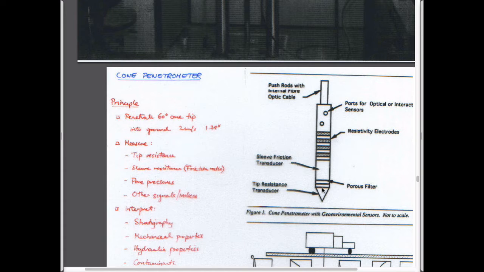It's 10 square centimeters in cross-sectional area, so about 1.5 inches in diameter. You push it into the ground at 2 centimeters a second, basically 1 inch a second, and you measure the force you apply to push it in, both at the tip, the end bearing, and the friction along the sides, and also the pore pressure.